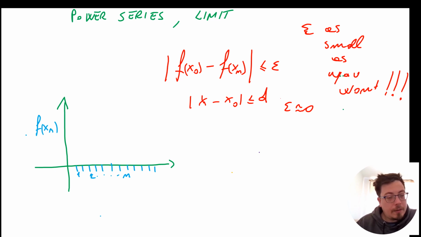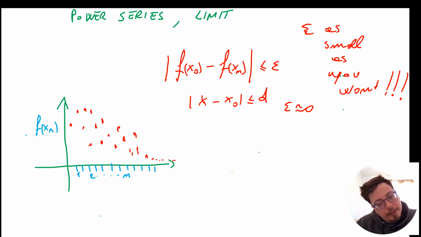What if the limit exists? What I'm trying to say is that when you evaluate the function on these points, you can have many random values. We don't know what those values are, but eventually, if the limit exists, they will all bunch towards 0.